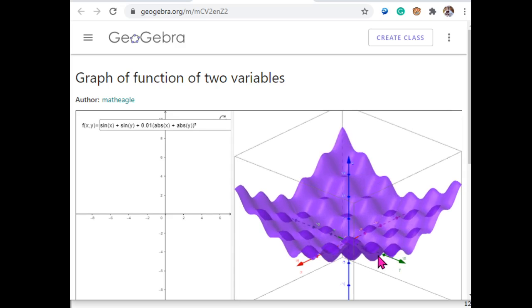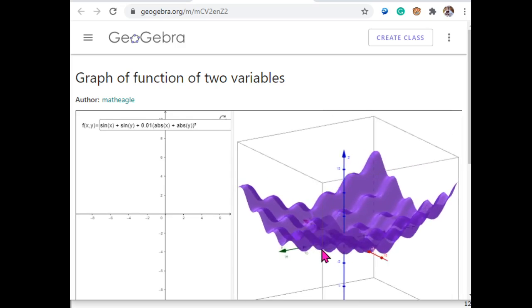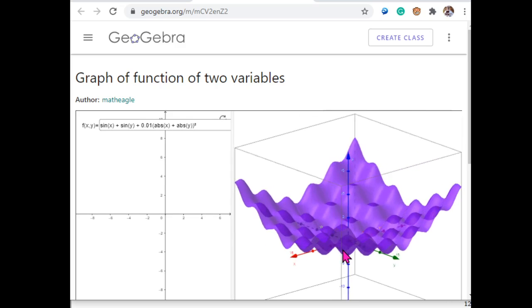And I mean, it's kind of a funky looking thing, right? There's a lot to take in geometrically. This is not something I'd expect you to draw by hand by any means, but let's just see if we can make sense of what's going on. First of all, sine of x plus sine of y. That part is really just trying to create a little bit of that ripple-like effect.